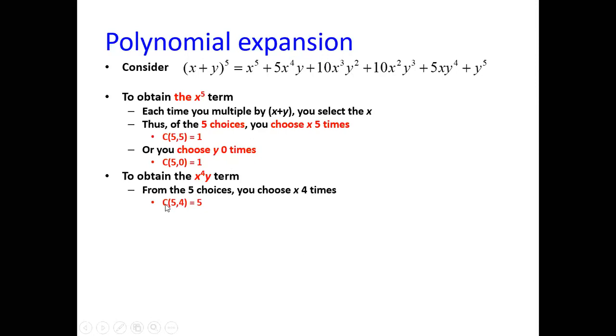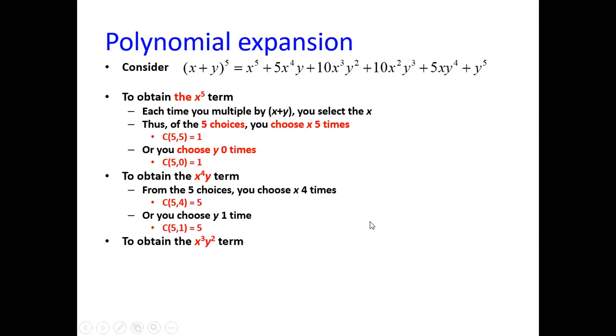So it will be the combination 5 comma 4, which is 5. Or we choose y 1 time, so the combination will be 5 comma 1, also equal to 5. If you choose from the x side, x power 4, it will be the combination 5, 4. If you choose y power 1, 5 comma 1, the same answer.